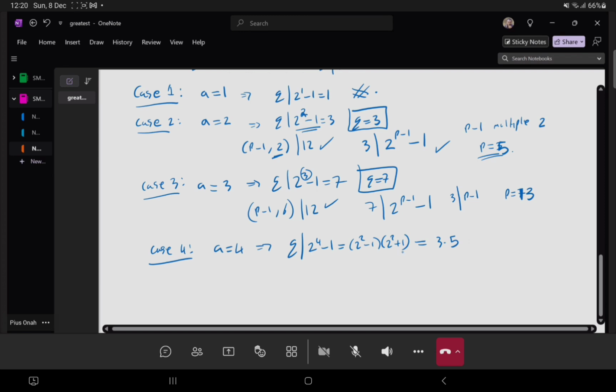So why I stress that is that even though it seems like Q can be 3 and 5, although we already dealt with 3, strictly speaking, under this case, Q cannot be 3. Why? Because if Q is 3, then we'll have a smaller order than what we claim.